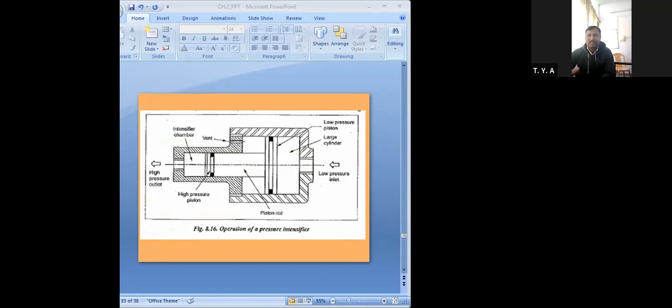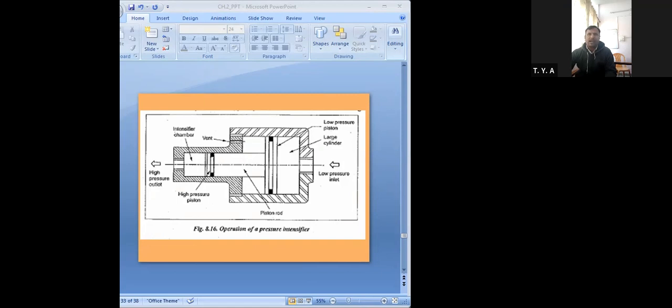This low pressure fluid is introduced to the large piston side, and it forces the piston to move in this direction.